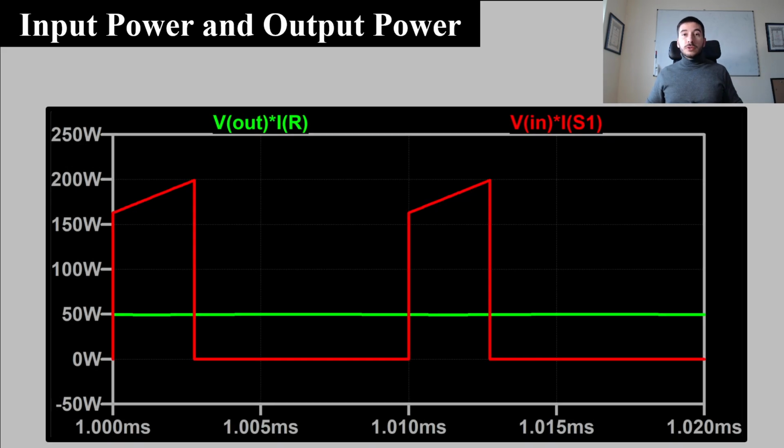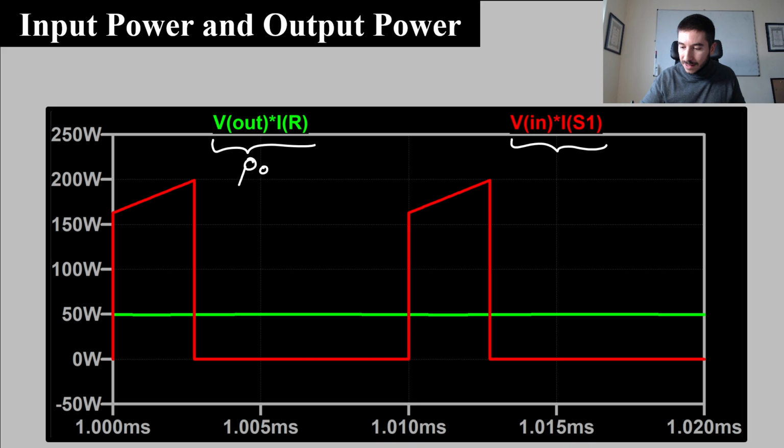Well, finally, I want to show you the output power and the input power. This is the instantaneous output power, output voltage times output current, and it is flat. The instantaneous output power is constant because we have a constant voltage and constant current.